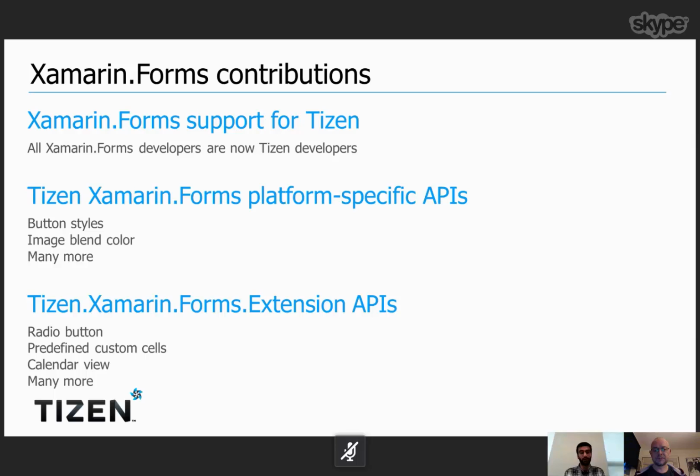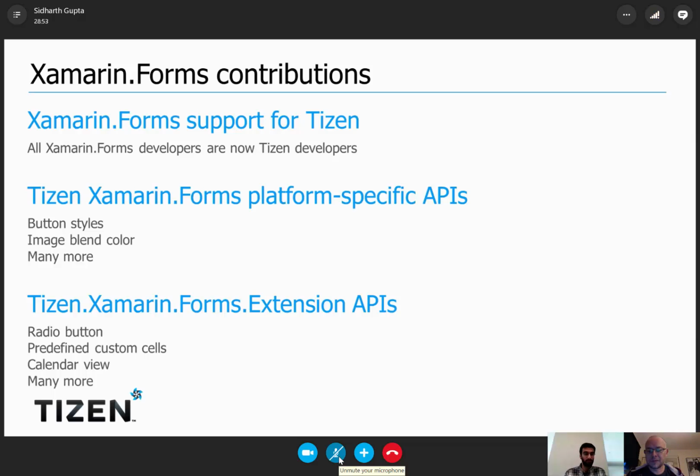So now in the Tizen Xamarin Forms extension APIs, we provide these components, and you can use these to enhance and make your applications more rich and provide a more pleasant experience for your application developers. So that's the Xamarin Forms contributions.